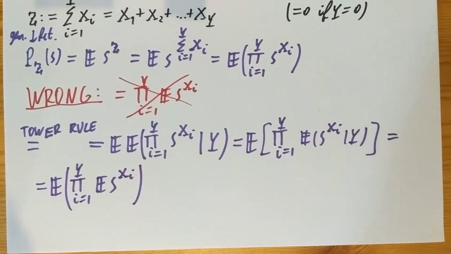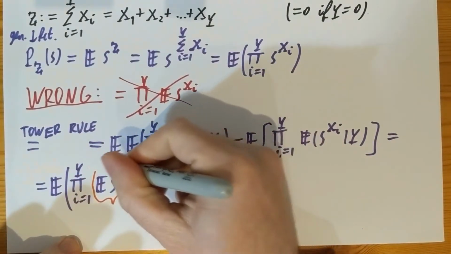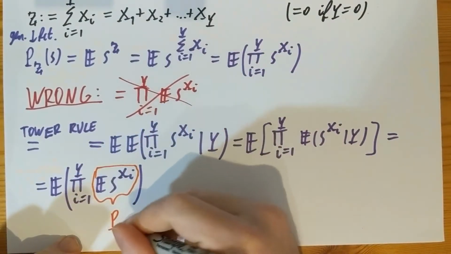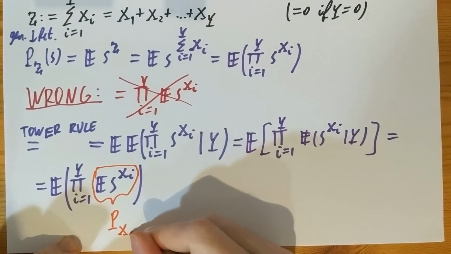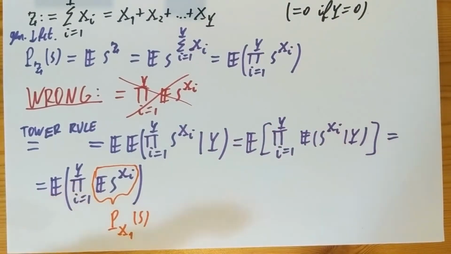And inside here, I recognize the generating function of the xi's, which is all the same. So I'm just going to say x1, it doesn't matter which one I take. The xi's all have the same distribution, so I could just take the generating function of any of them, say the first of them.